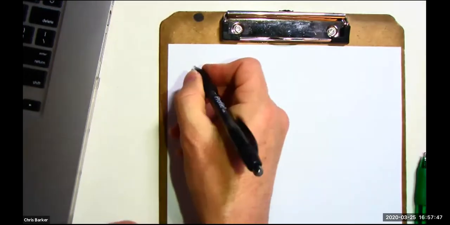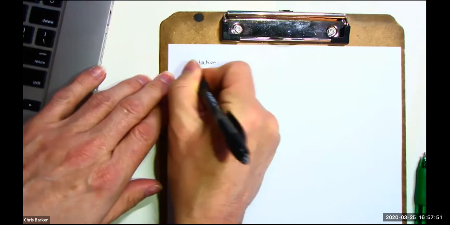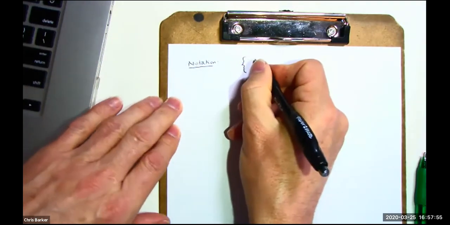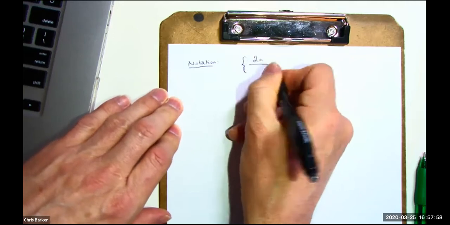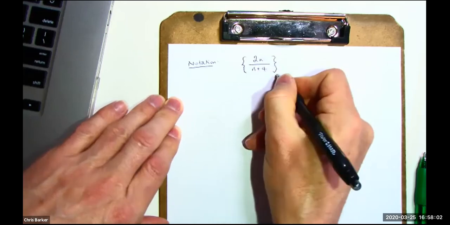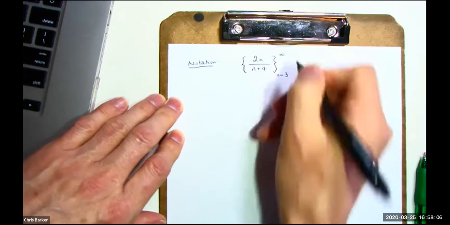But continuing on the theme of notation, we will sometimes write formulas for sequences like this: 2n over n plus 4, n equals 3 to infinity.